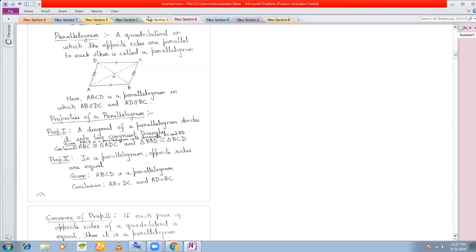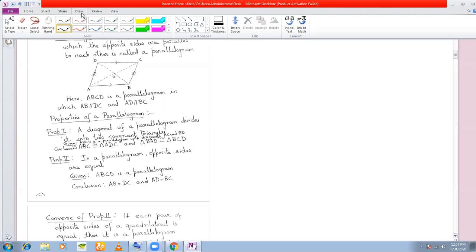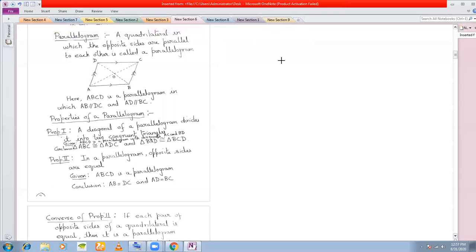Now, what is a parallelogram? Remember the definition, as I told you back in class 8 also. Any quadrilateral, such that the opposite sides are parallel.